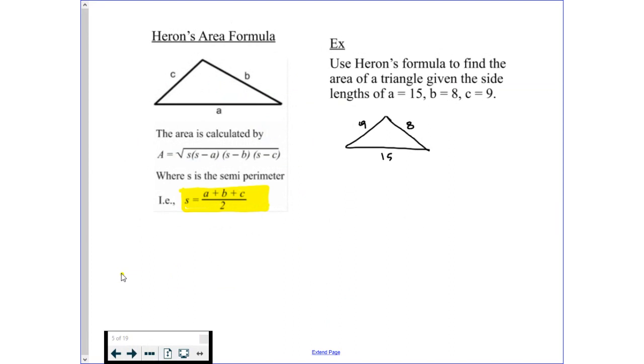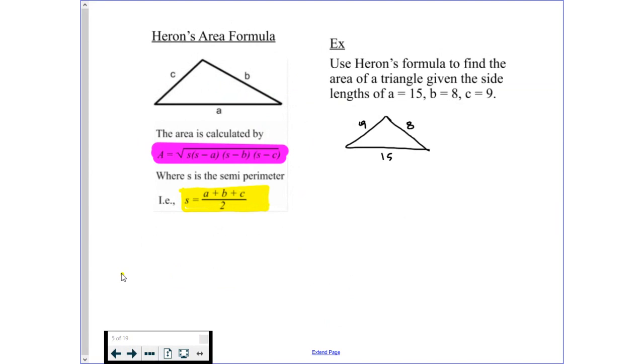First find S, which is A plus B plus C divided by 2. Then after that, you take the square root of S times S minus A, S minus B, S minus C. Well, let's find S together.